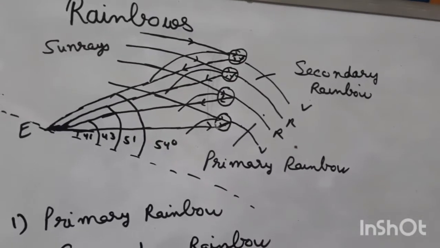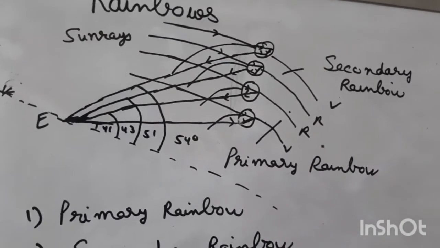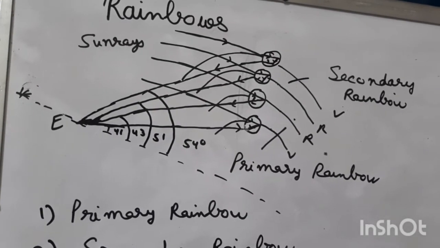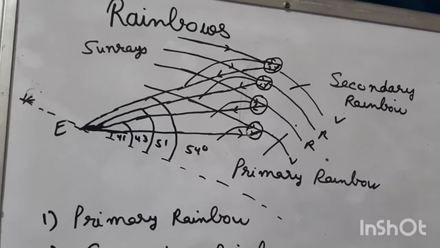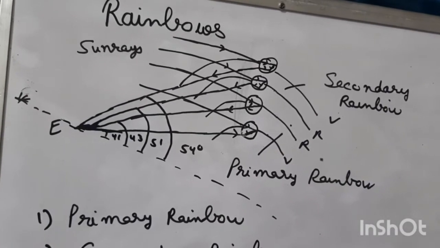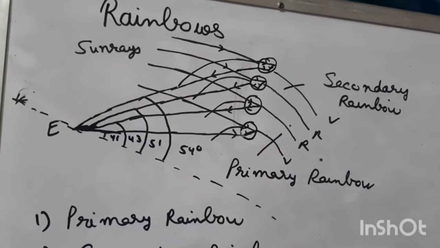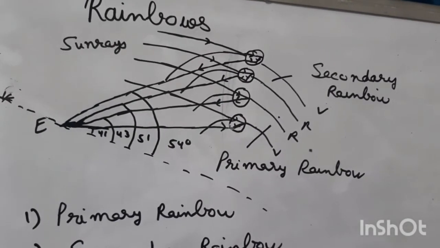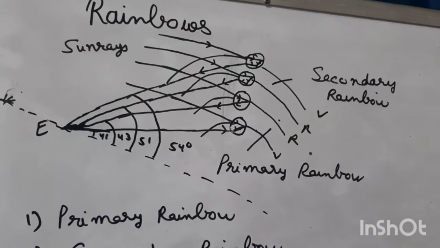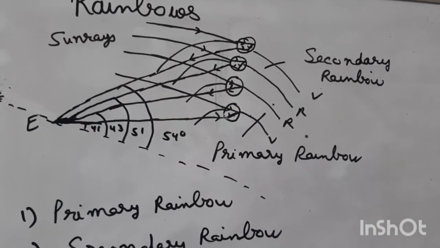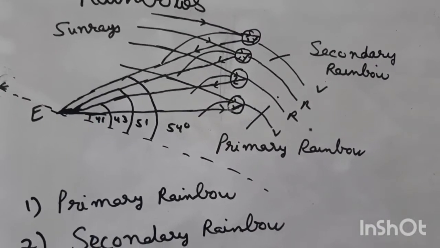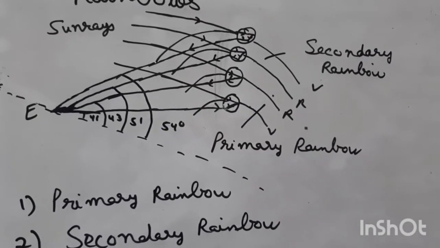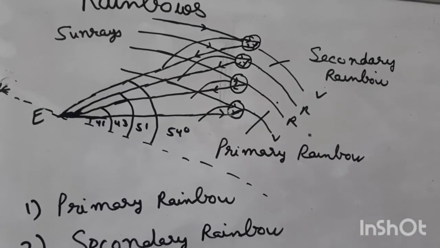Now students, first we will talk about the primary rainbow. We have discussed that rainbows are formed by the dispersion of sun rays in raindrops. Now what is the main difference between primary rainbow and secondary rainbow? In the primary rainbow, the sun rays that are entering the raindrops suffer only one internal reflection.